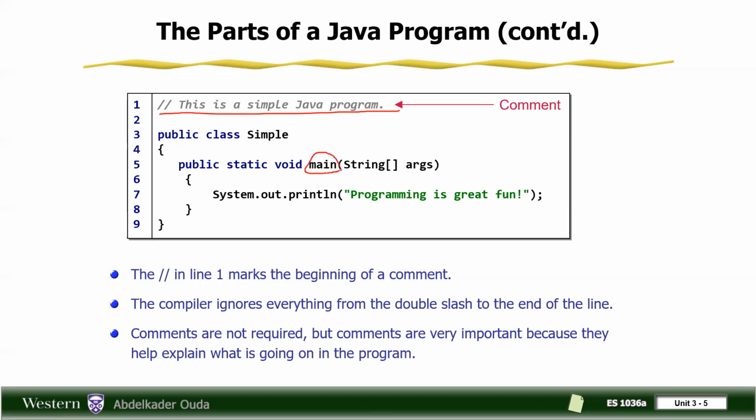It is not a reserved word, but we always call it main. And here is an output statement on screen. So the double forward slash in line 1 marks the beginning of a comment, and it would be a one-line comment.